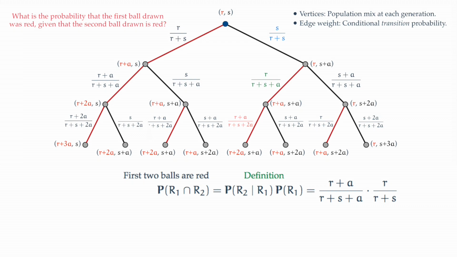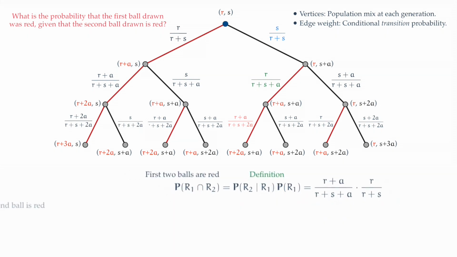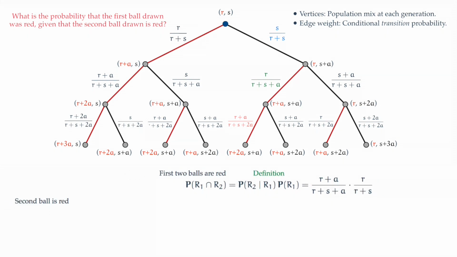What can we say about the probability that the second ball is red? Formally, we want the probability of the event R2. And we can write down an expression, as you see, emerging on the right of your screen. Write it down, pause, absorb it.